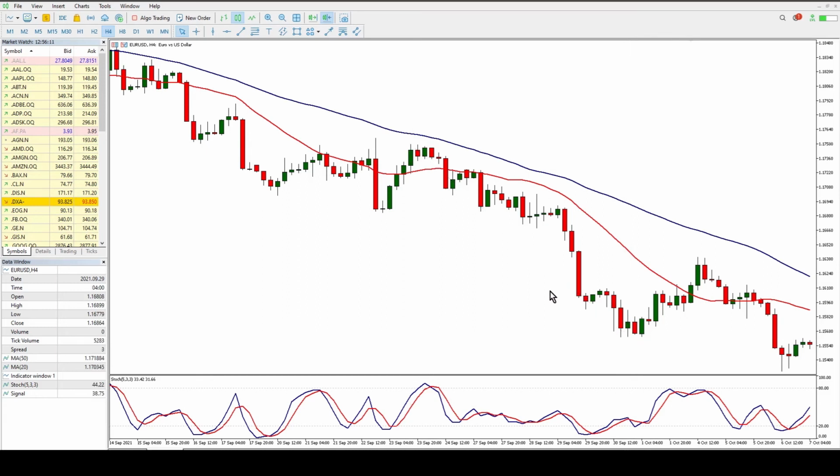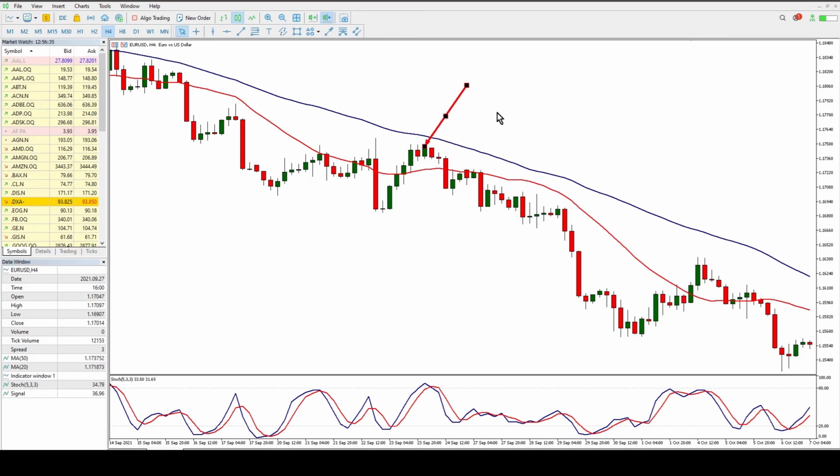So let's imagine that we're looking to sell against this, and just to save time, I'm not going to draw ABCs here. I'm just saying that we are considering placing a trade here. The market is trending lower.